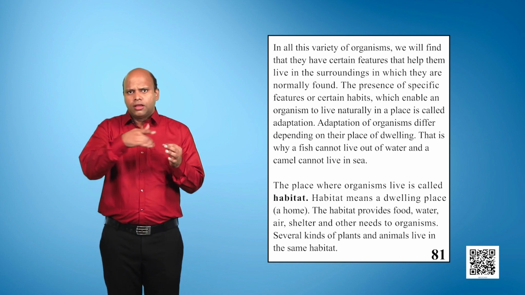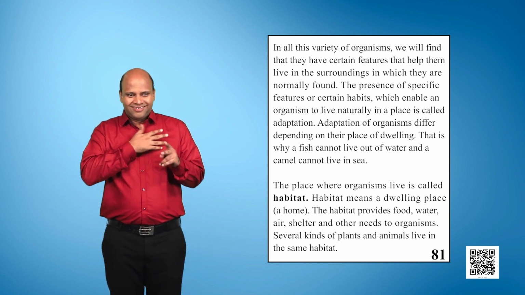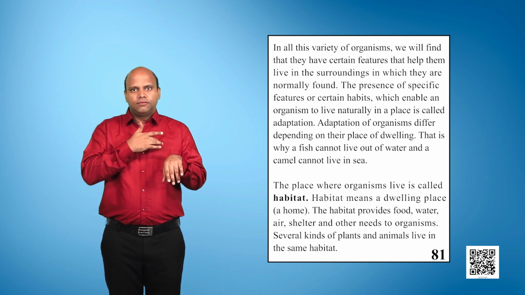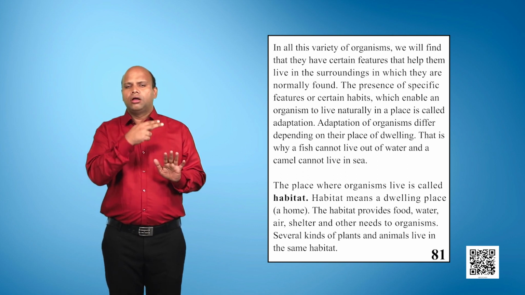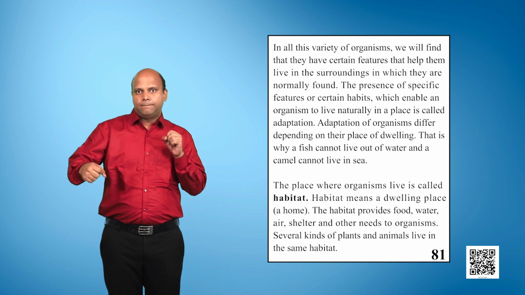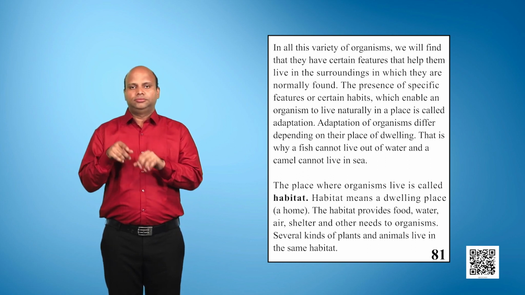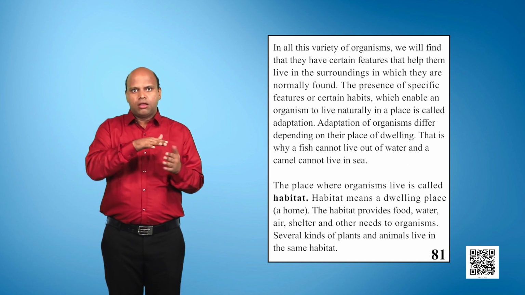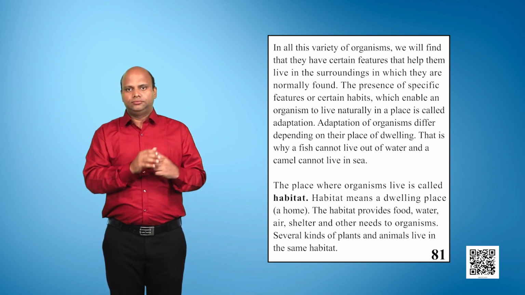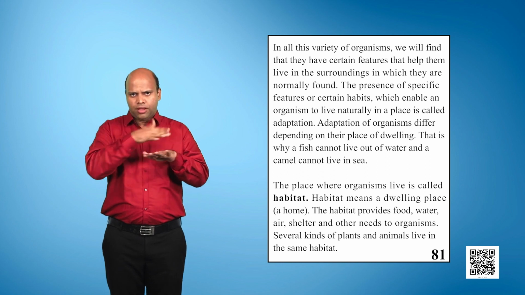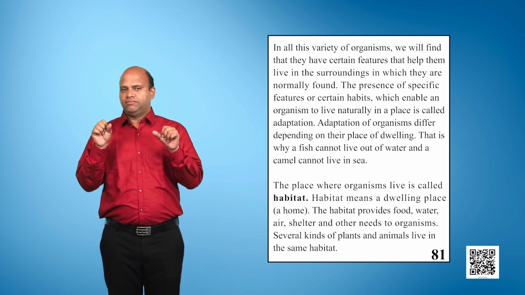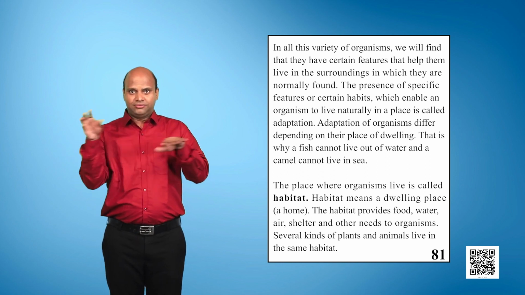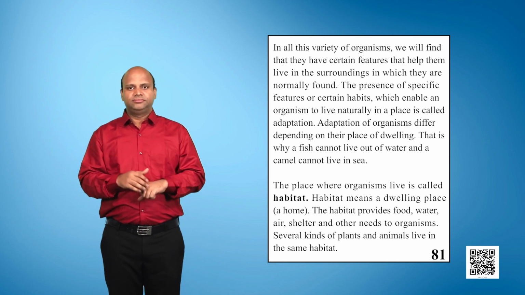The presence of specific features or certain habits which enable an organism to live naturally in a place is called adaptation. Adaptation of organisms differ depending on their place of dwelling. That is why a fish cannot live out of water and a camel cannot live in sea.